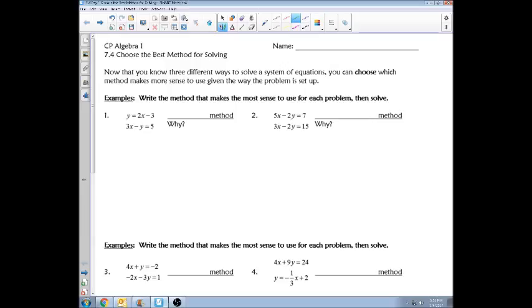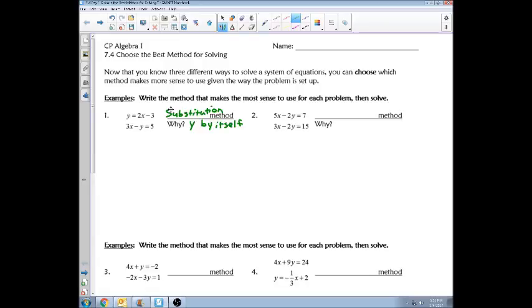In my opinion, the best way to go ahead and solve this is by substitution. The reason for that is that we already have y by itself. Since we already have y by itself, it's just as easy to take the 2x minus 3, plug that in for y, in order to solve by substitution.